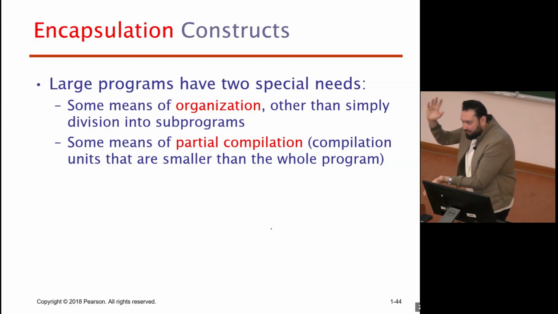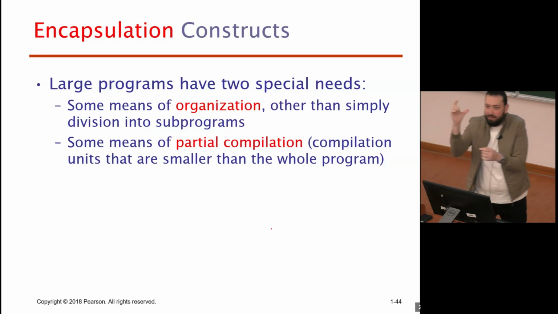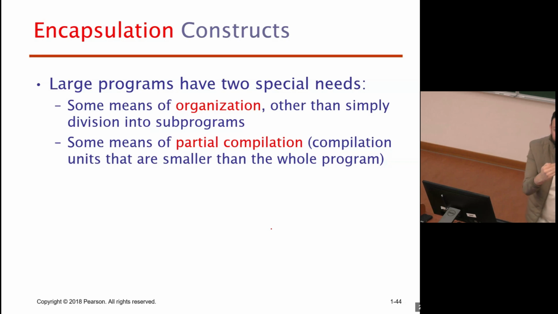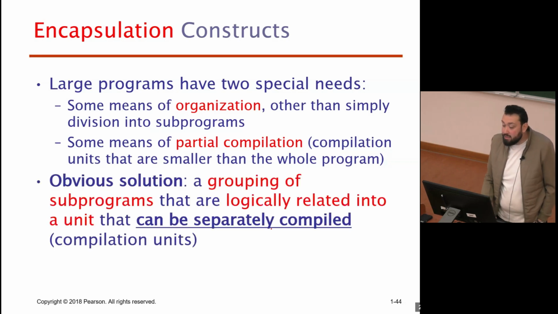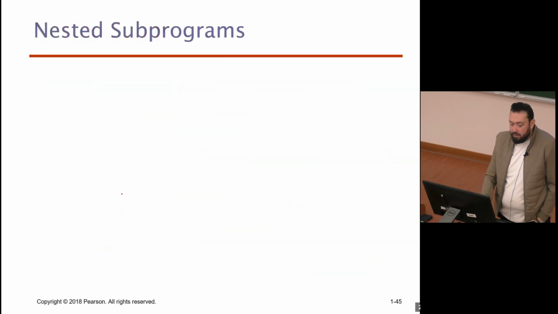That means I want these 4, 5, 6 subprograms to be together and compile together. This is better than just having so many, because we said subprograms will help you a lot, but not enough. The obvious solution is a grouping of subprograms that are logically related into a unit that can be separately compiled. We call these encapsulations, which is what include does.